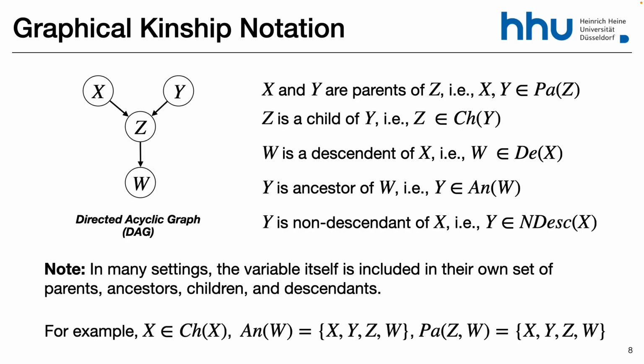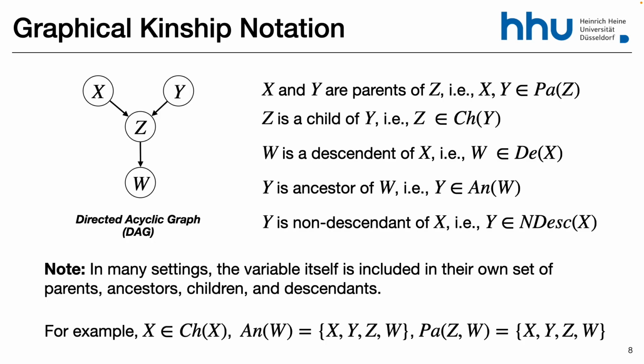So that's just an example, right? X could be the child of X, right? So X belongs to the set of children of X. Ancestors of W includes W, right? Maybe it's not so direct to see, but the parents of a set is the parents of each element of the set, the union.